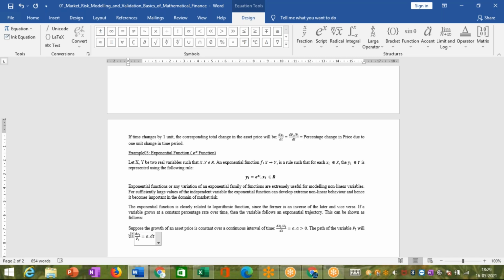So now the next thing that we do is integrate this. So let's say I integrate this entire thing over a period, right? Then from there I'll get log PT, and that will be some a dt, right?